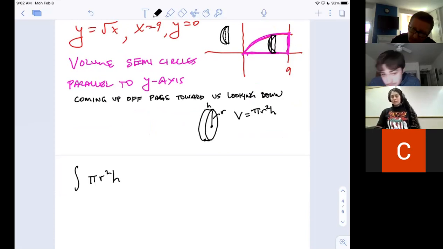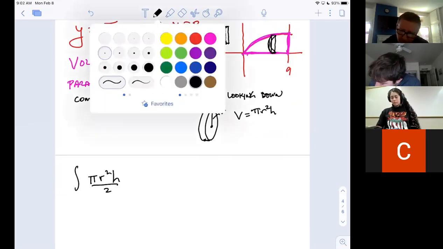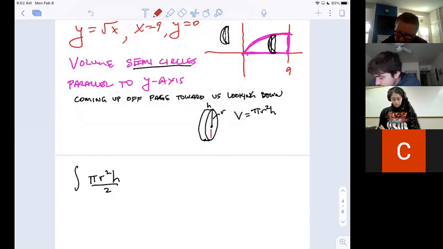So the fact that they're semicircles means I actually have to divide this in two, right? Because ultimately what we're saying is this part is chopped away. So now I just have to replace that.